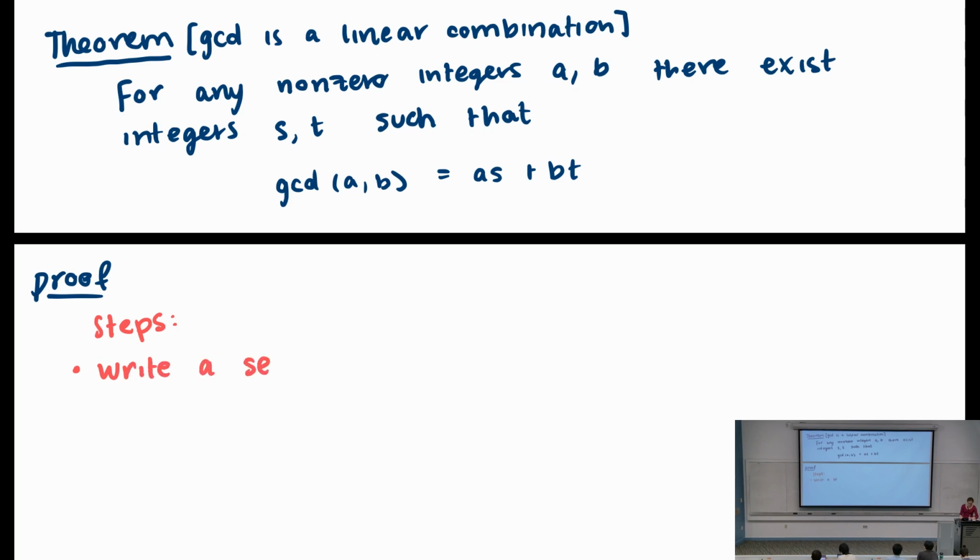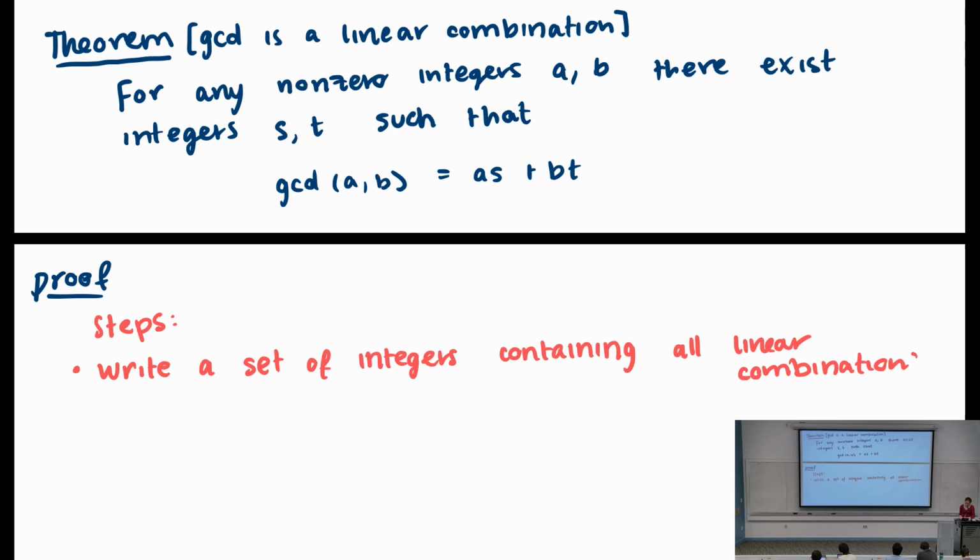So we're going to write a set of integers containing all linear combinations, and then we're going to use the well ordering principle to take the least element.